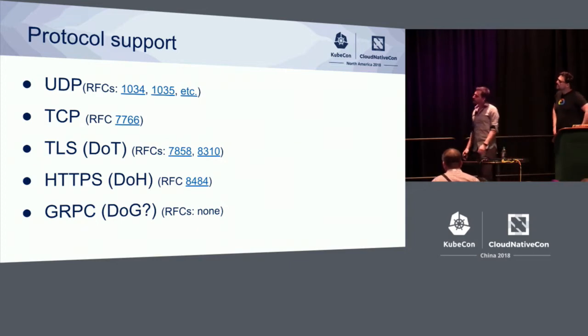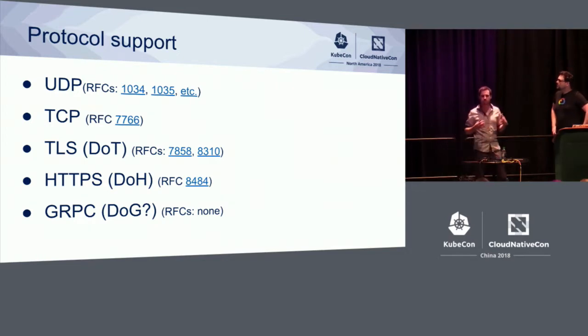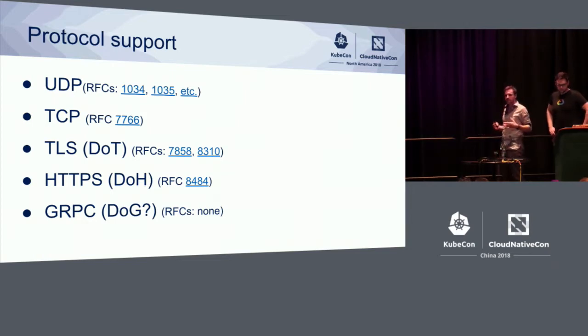So let's dive into the different protocols that are supported. CoreDNS doesn't just support the base DNS protocols. One is basically UDP, which was the first iteration. It's lossy, and that basically gives a bit of problems down the road. The next iteration was TCP. It already has connections.